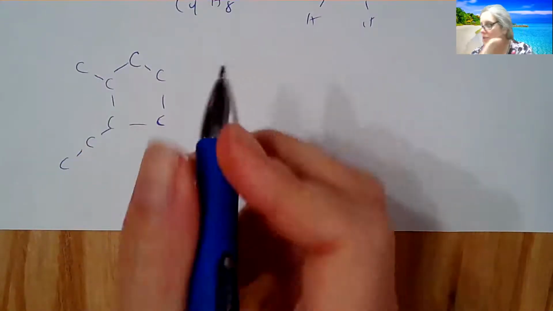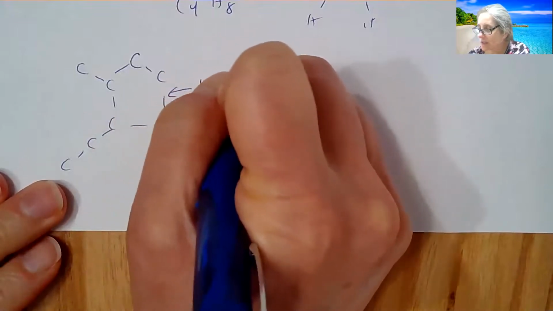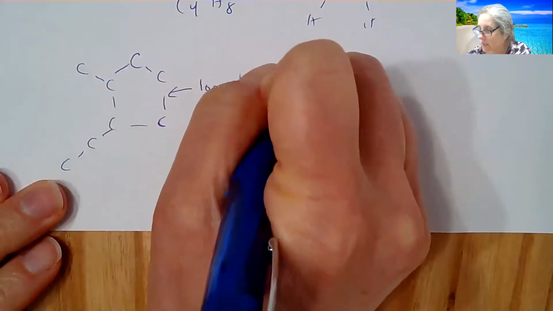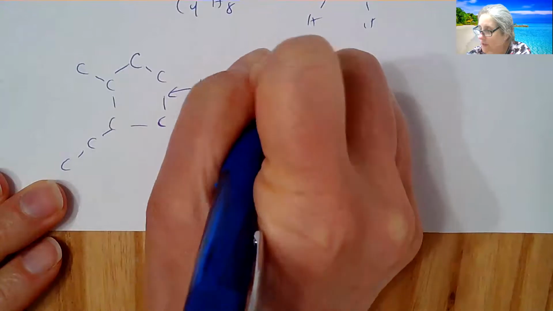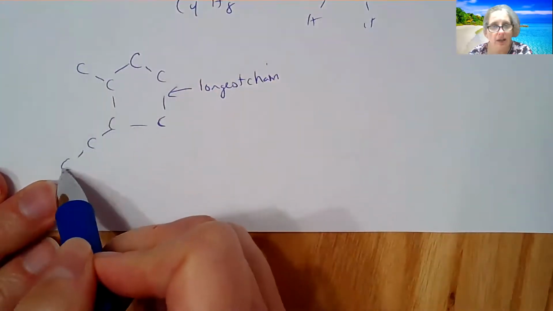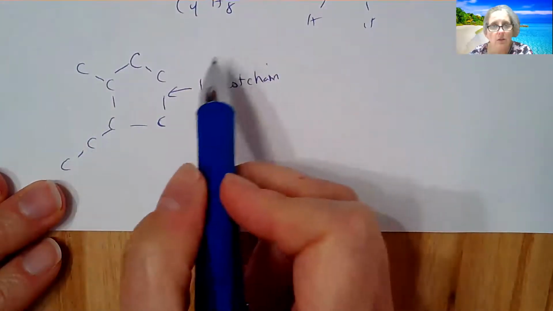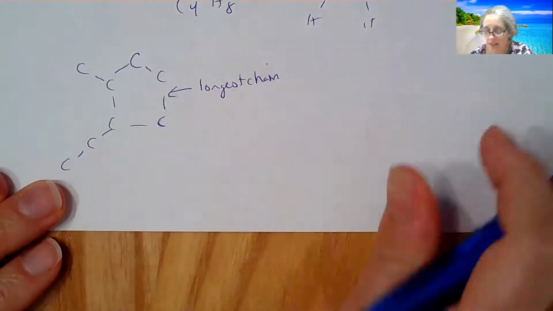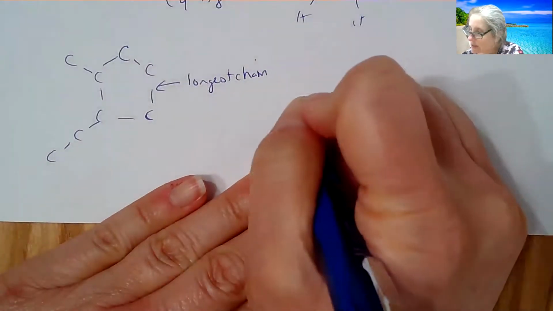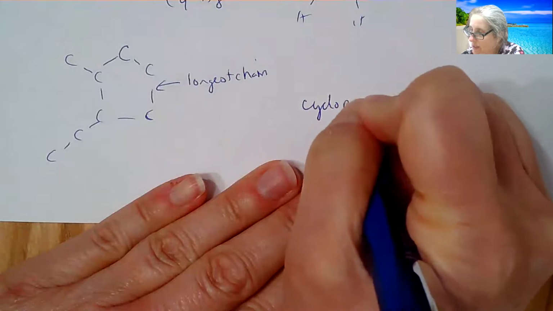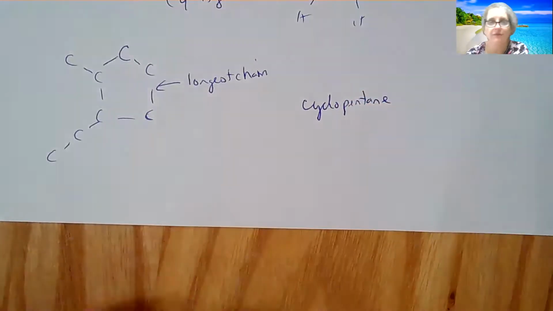The good news is that's always going to be the longest chain, so you don't have to go off from this and then start counting the ones that go down here. So the longest chain is always going to be the cyclo. So this is going to end in cyclopentane, pent meaning 5.